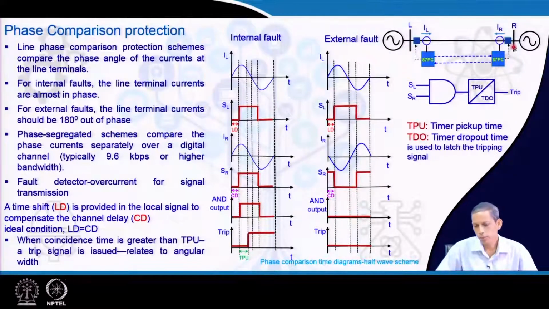When you communicate from this end to this end there is a channel delay, so that channel delay must be taken care of. Therefore, the local signal is intentionally shifted by a fixed time of LD. We know tentatively how much delay will be accomplished in this channel, that is the CD, and according to the CD the local signal is also shifted by LD, and that is what is being done.